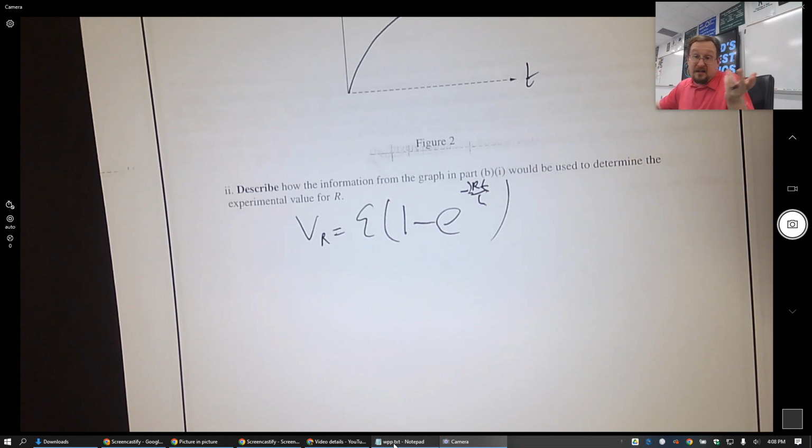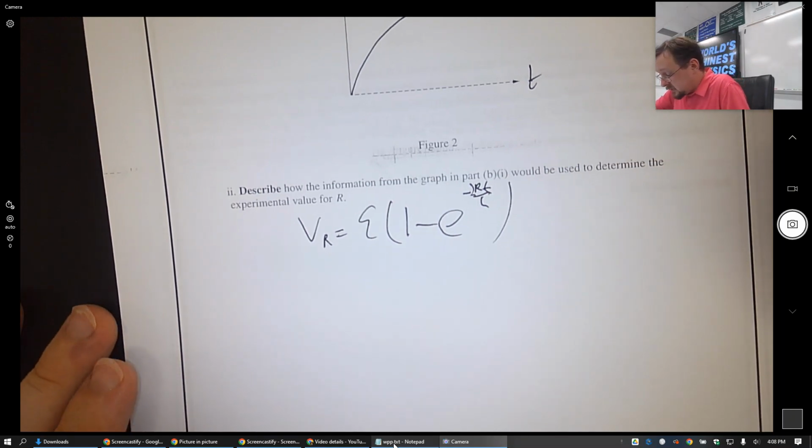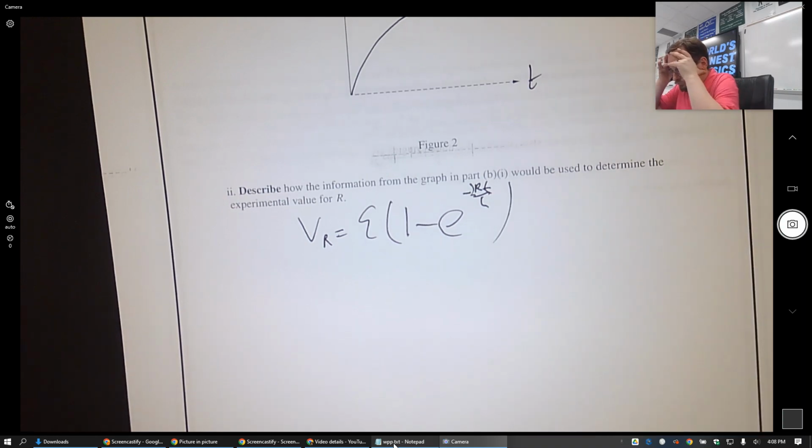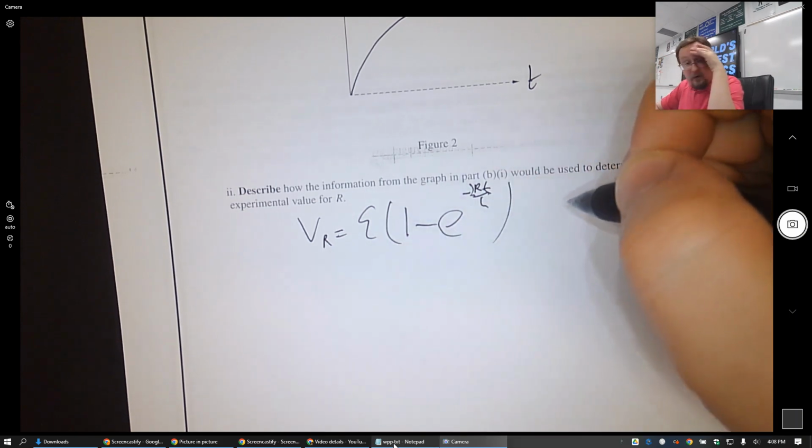So here's maybe what I would do. Maybe you're allowed to fit a curve to this.